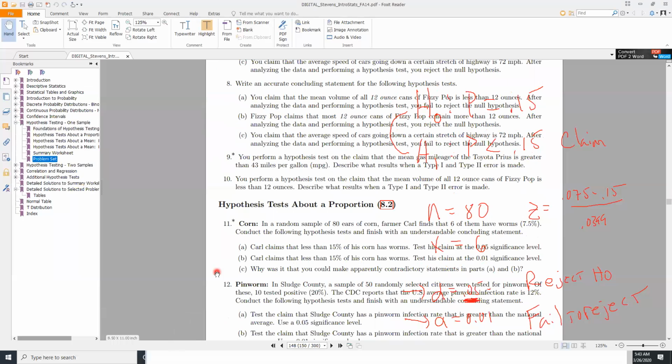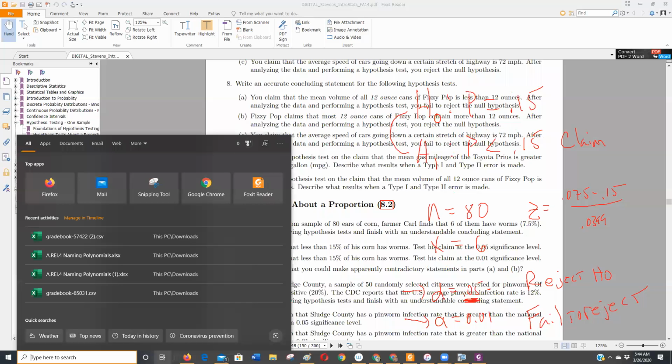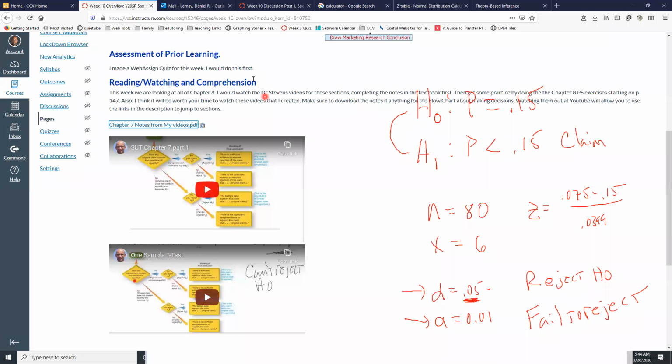Let's see. Yeah, why was it that you could make an apparently contradictory statement? It's strictly because what you're using is the cutoff. And there's nothing, it's just arbitrary. That's why some textbooks say the confidence interval is honestly a little more informative. The great thing about that Rossman Chance applet is that it does a confidence interval too.